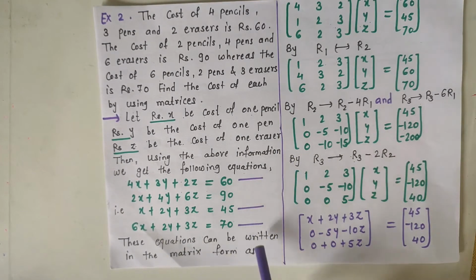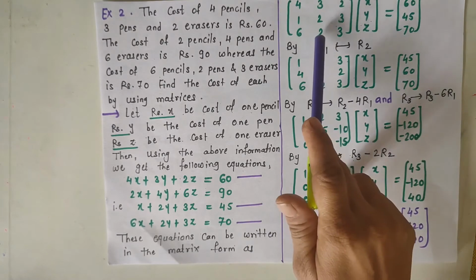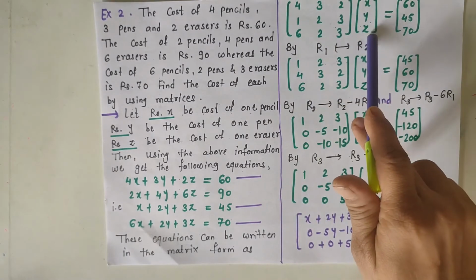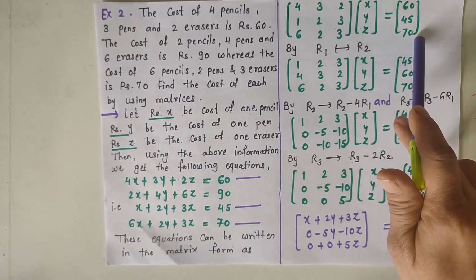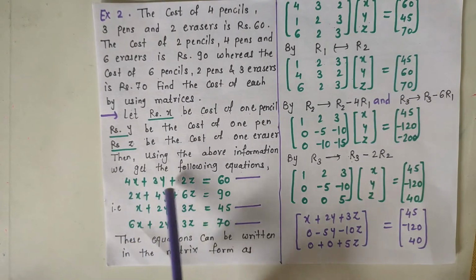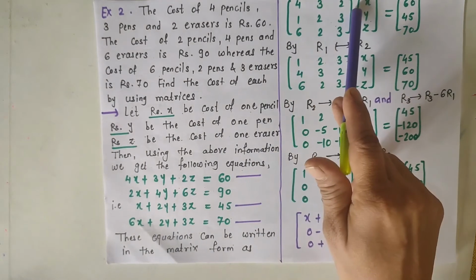These equations can be written in matrix form for the reduction method. The matrix form is A x = B, where A is the coefficient matrix, x is the variable matrix, and B is the matrix of constants. The first row is the coefficients of the first equation: 4, 3, 2.